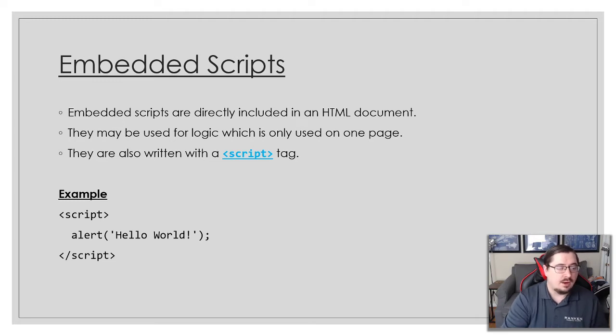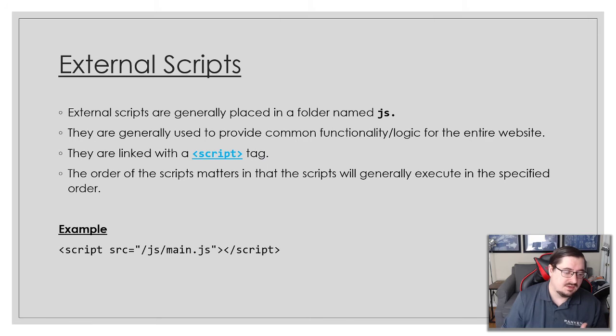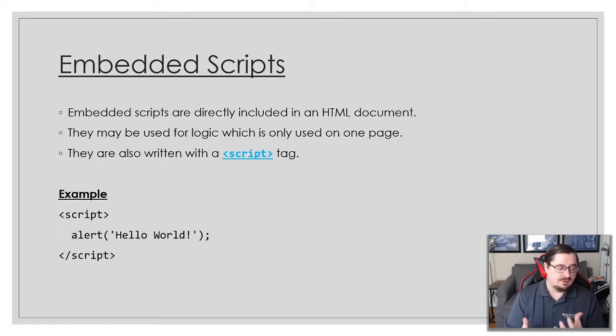Now, note, if I've got an external file, I'm going to set the source property and give it a path, but I'm going to leave the body of the tag empty. Whereas if I have it embedded into the HTML itself, I won't have a source attribute, but I'll put the JavaScript in the body of that tag. So here you can see I've told it to show an alert window saying hello world when this script runs.